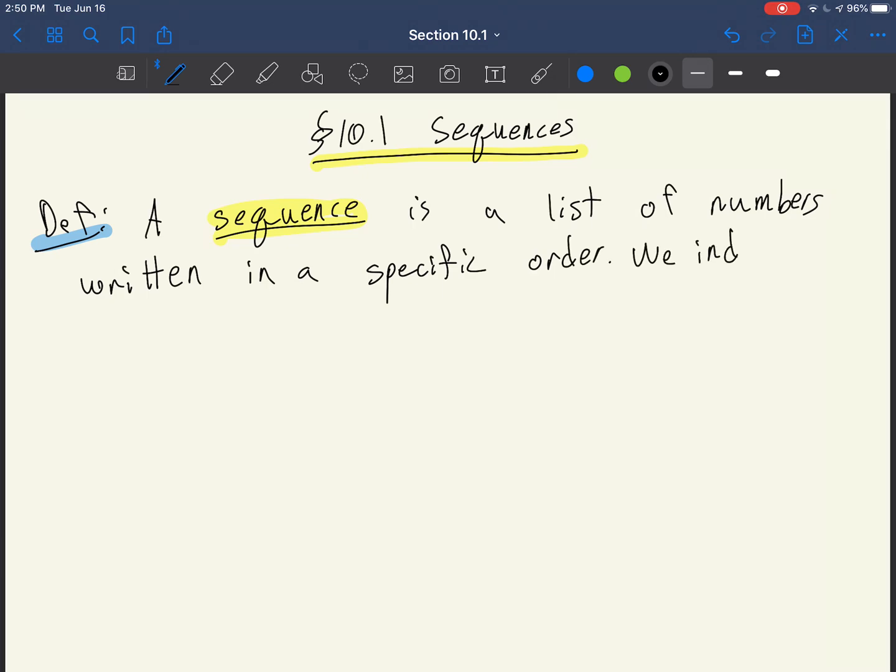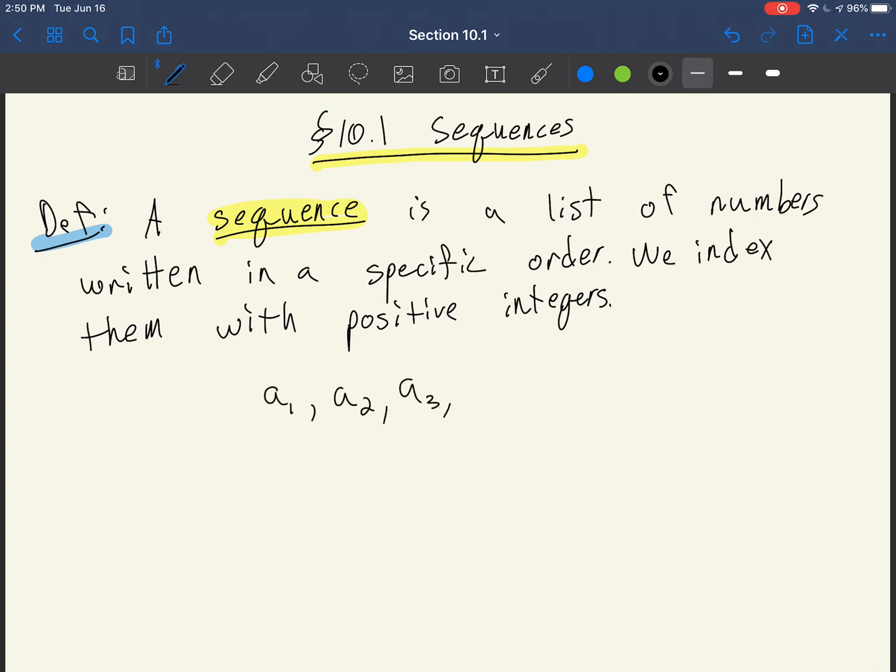We index the sequence with positive integers. So, for example, we could have A1, A2, A3, dot, dot, dot, AN, dot, dot, dot. So this would be the first element in the sequence, the second one, the third one, the nth one, and it just keeps going.